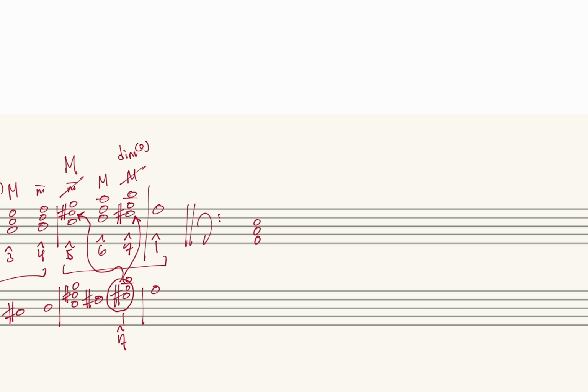Now you'll notice that this configuration where all the thirds are as close to one another as they can be, just stacked one on top of the other, A to C, C to E, this is a root position triad.